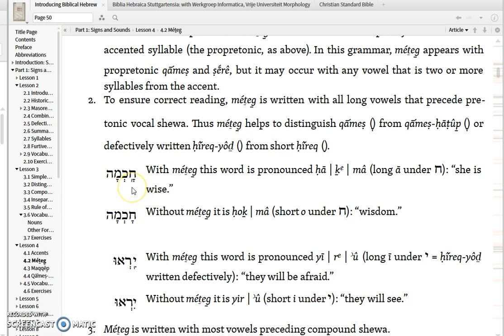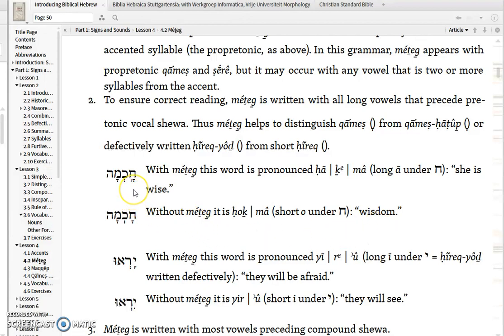Well, this form must be pronounced hakama, and it turns out that that is a verbal form meaning she is wise. But this form without the metheg would probably be pronounced hokma, closed syllable, short vowel, short o, the kamatz hatuf, in which case the meaning would be wisdom.